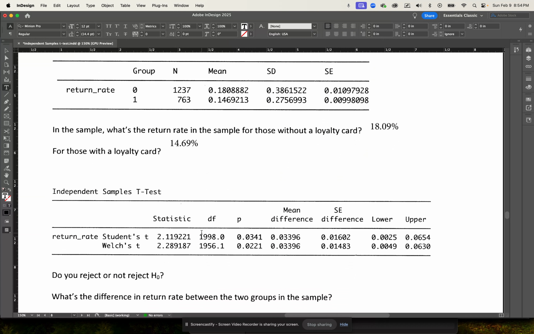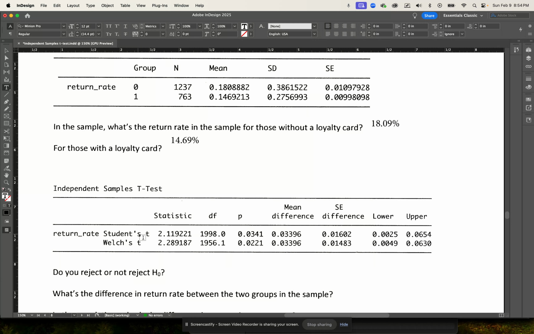Looking at our independent samples t-test, we're just concerned about the student's t. So our t statistic would be 2.119221, but really we can just jump to the p-value, where it's 0.0341. So in this case, it's lower than our alpha, which is 0.05.